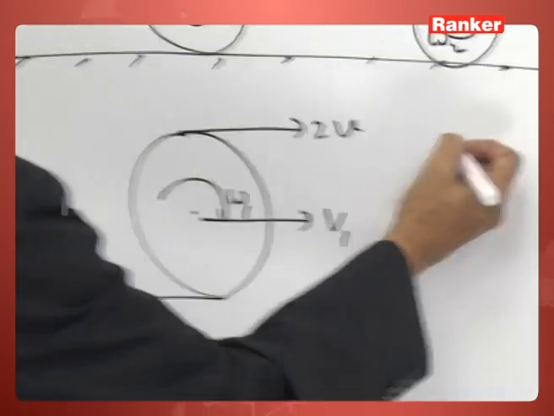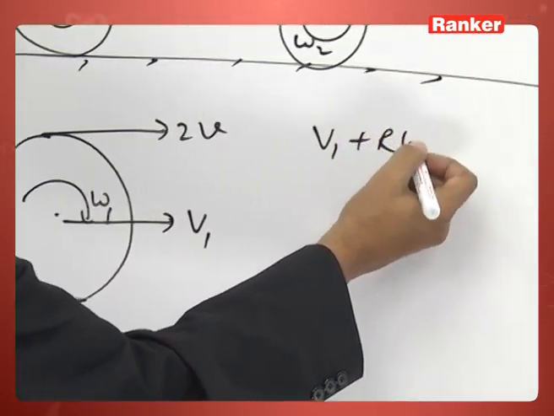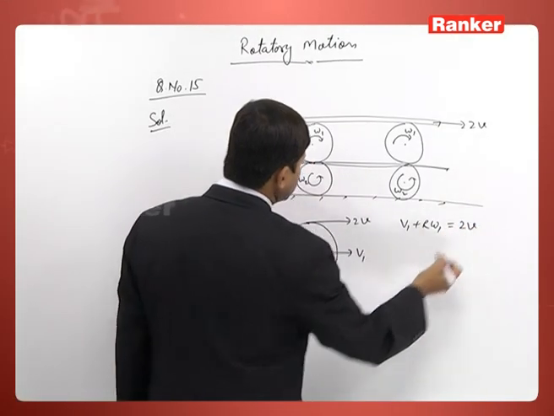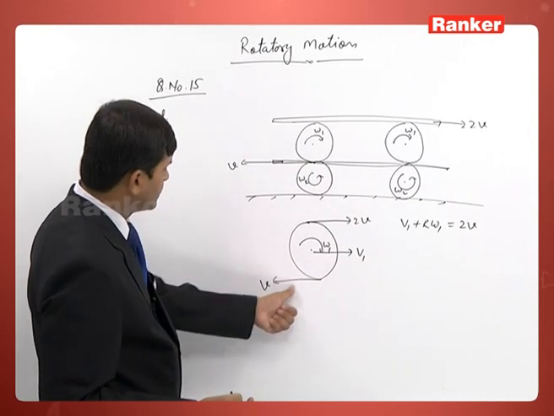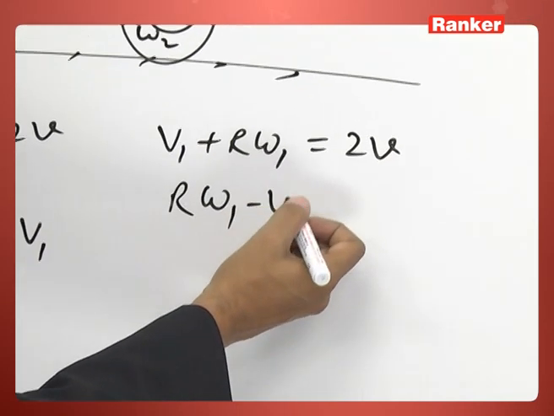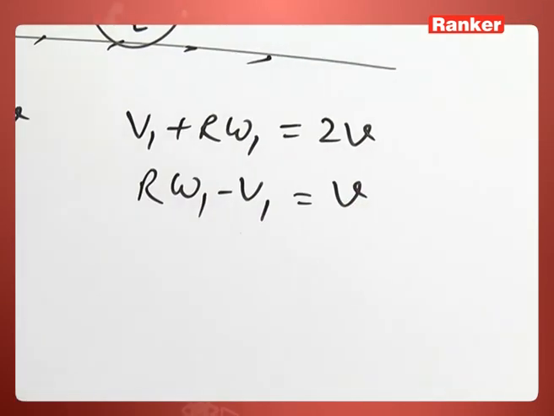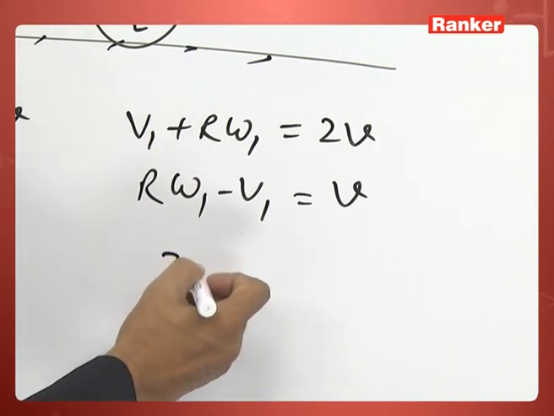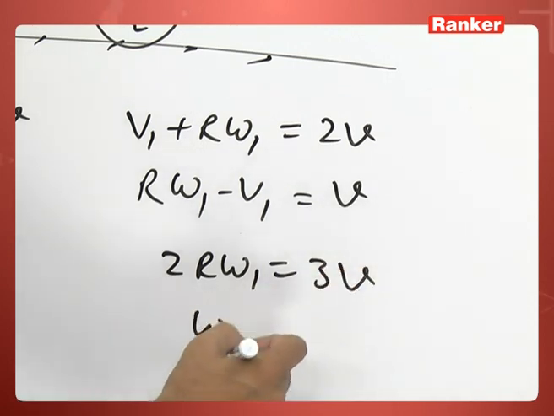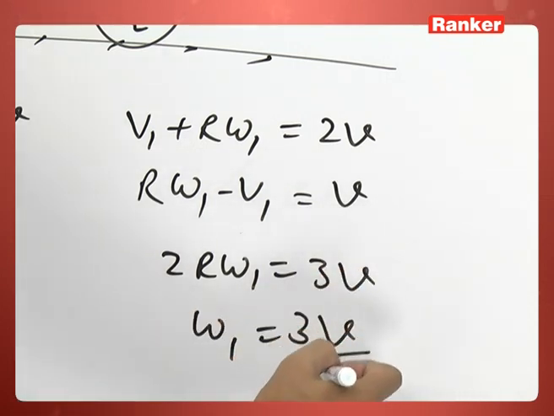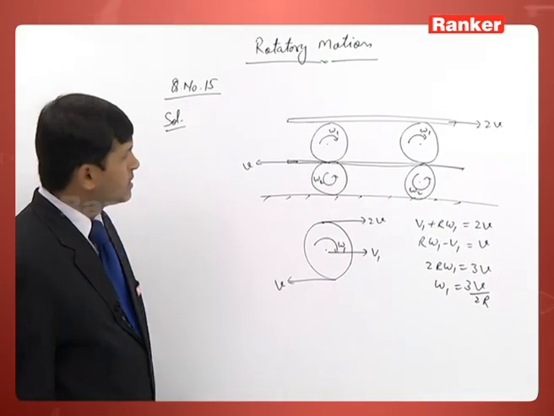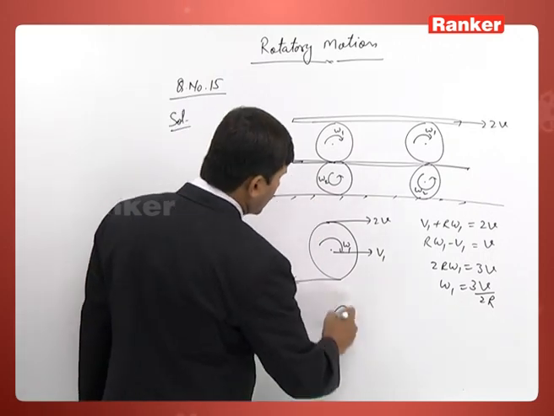So see here, V1 plus R omega 1 is equal to 2V, and here R omega 1 minus V1 is equal to V. So we can have 2R omega 1 equal to 3V, so omega 1 is 3V by 2R. Similarly, see for the lower cylinder.